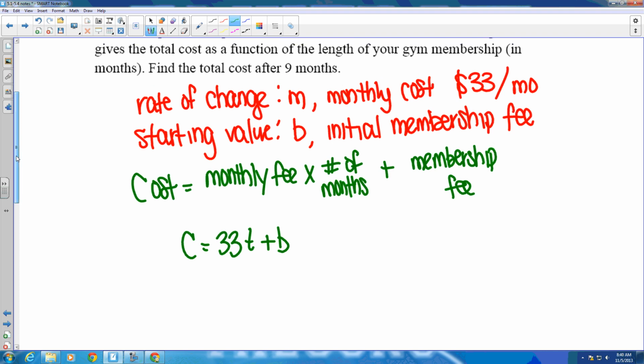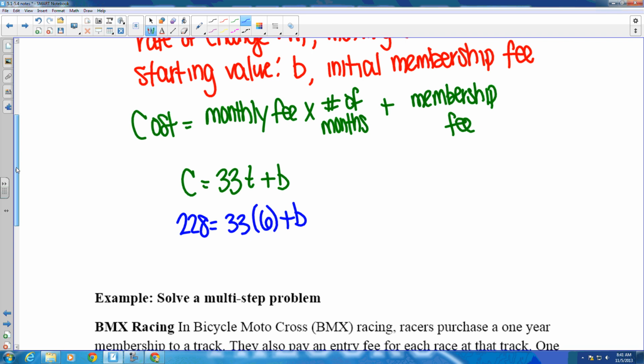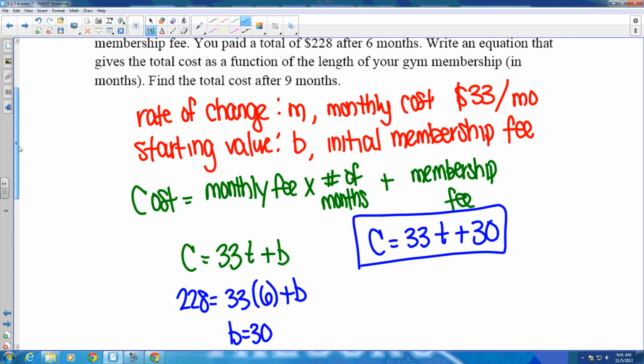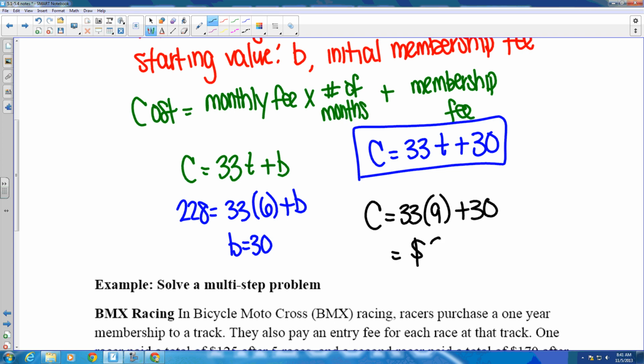We were given a total cost after 6 months, so we're going to substitute in 228 for cost, 6 for t, to figure out what that b value is, that membership fee. And we figured out that b is 30. So our cost is 33t plus 30. Second half of this question was find the total cost after 9 months. So we're plugging in 9 for t, which is $327.